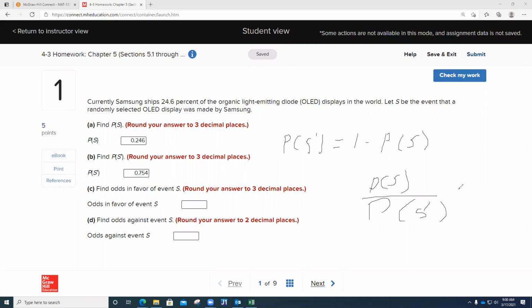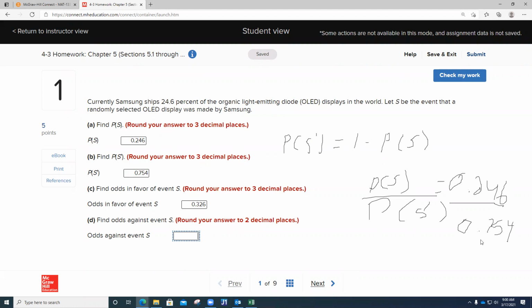That gives me 0.326, to 3 decimal places.